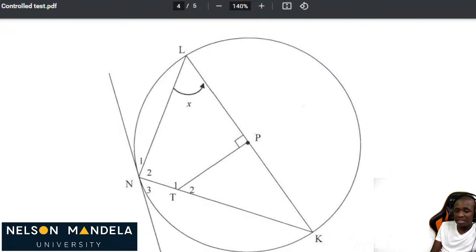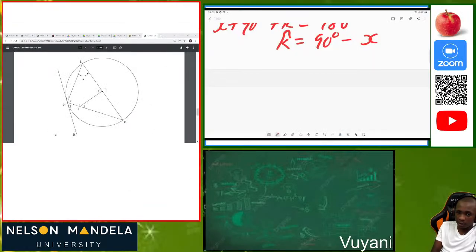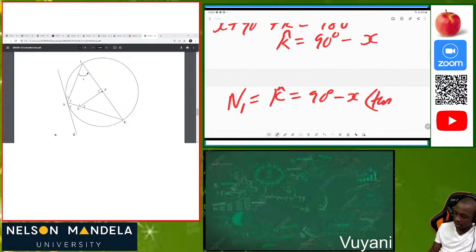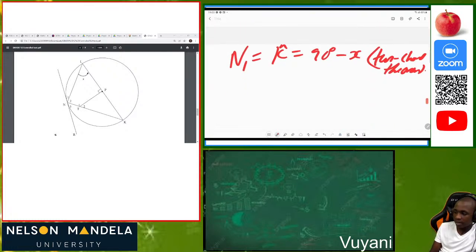That chord will be subtended to the circumference at angle K. So now we can conclude that N1 is equal to angle K, which is equal to 90 degrees minus X. Why? Because of the tan chord theorem, guys.